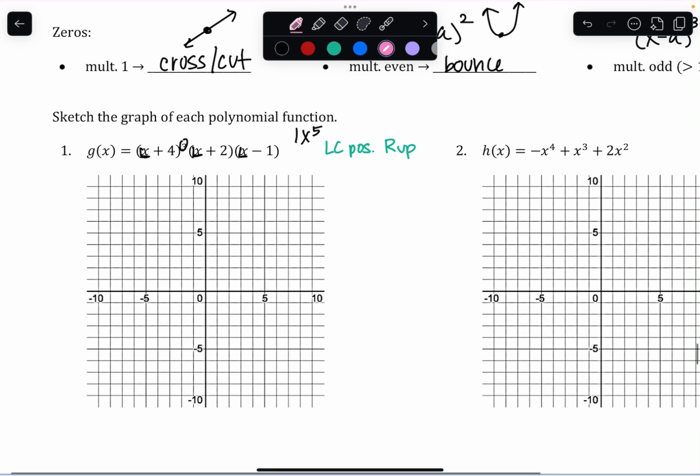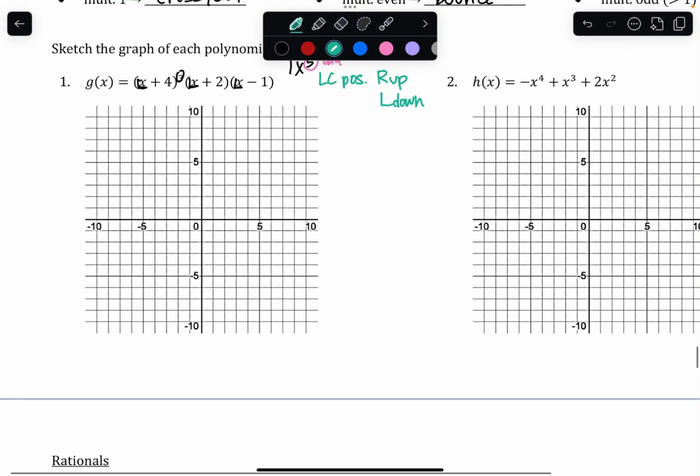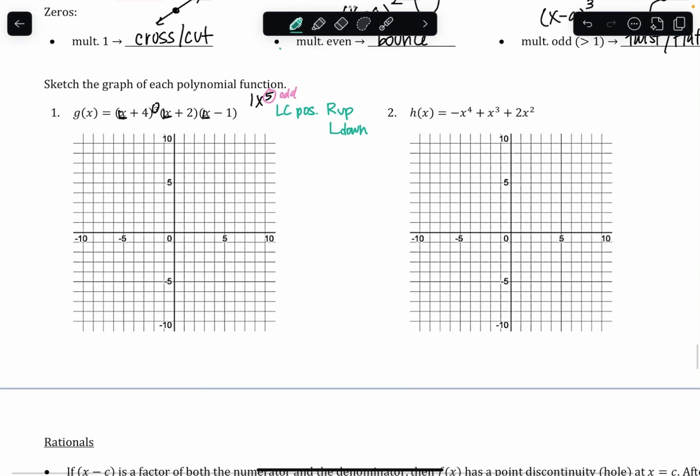Because our degree is odd, it's degree 5, we know the left side will not match, so the left side will be down. Just picturing the end behavior, right side up, left side down.